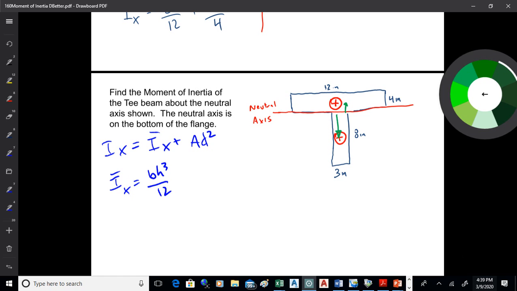So what do we got here? We've got half of 4 there, right? 2 inches? 4 over 2. The area is what? 12 by 4? 48 inches squared. And once you fill in the bottom there, we got just a couple minutes.